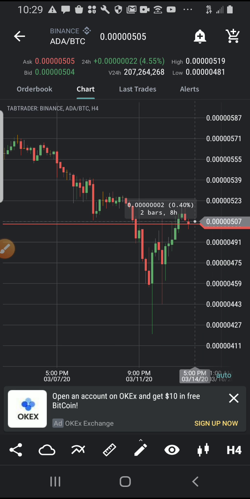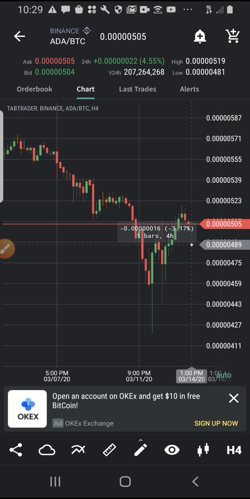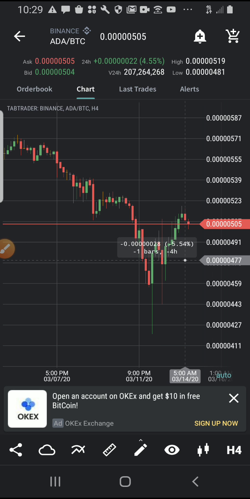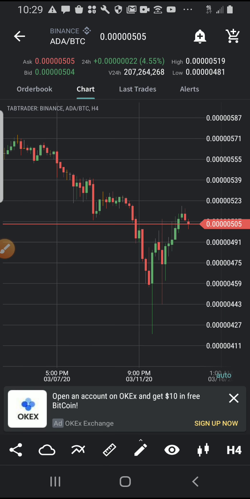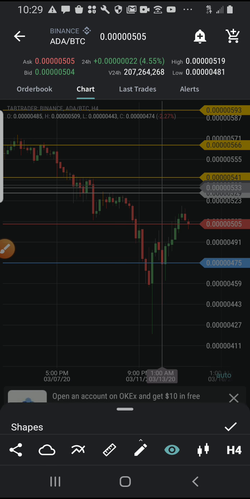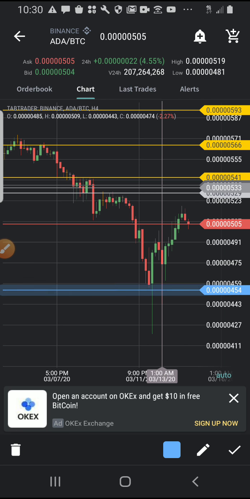So in this case, we are likely not going to buy ADA here, because it's not advisable to buy at a resistance. It's advisable to buy on a support. So we can try to wait for ADA at this particular price level or this one. Let me draw a horizontal line for you. Let me enable my shapes. Don't worry about all those lines. You see this last one, the sky blue one. Let's see if we can edit it.